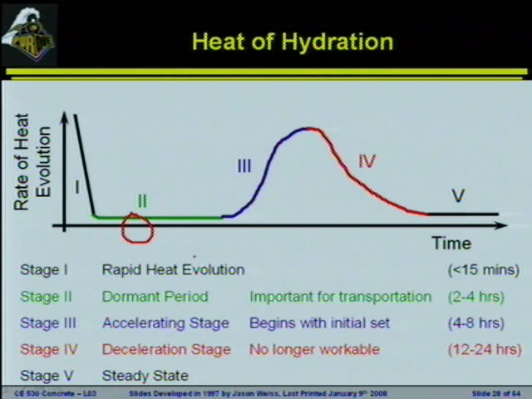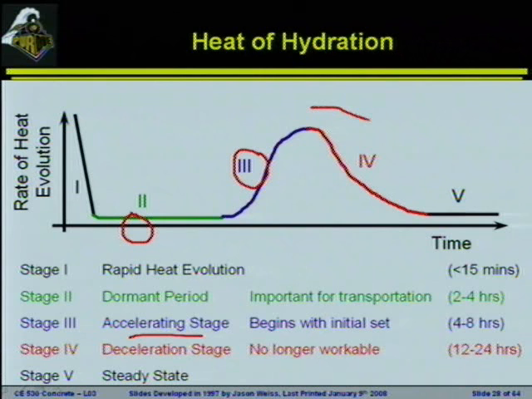This will happen typically for 2, 4, 5 hours, until we get to stage 3. In stage 3, all of a sudden there's a rapid release of heat, a rapid amount of reaction taking place, and we typically refer to this as the acceleration stage. This will take place for 4, 8, 12 hours, something like that.